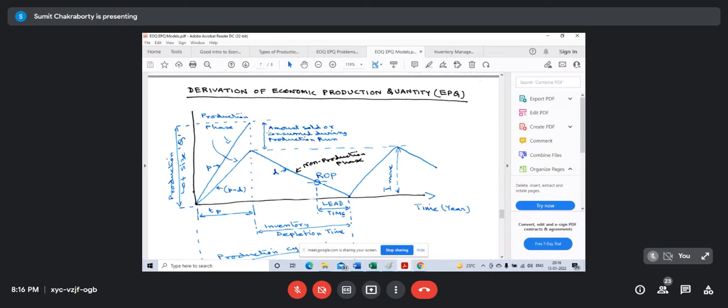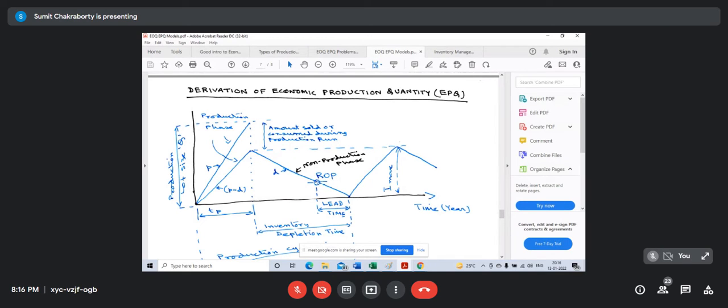So this is the amount sold or consumed during the production run. The production stops here, then the inventory continues to get depleted up to a point when it becomes zero, and production starts. But we need to know the lead time, right?